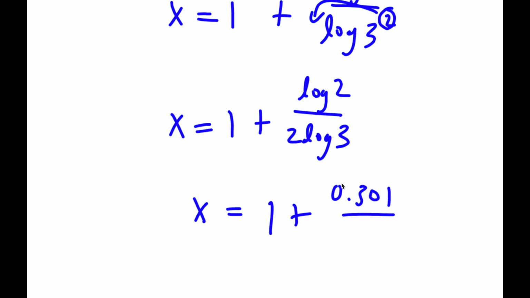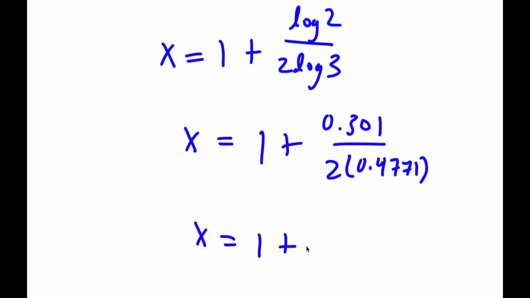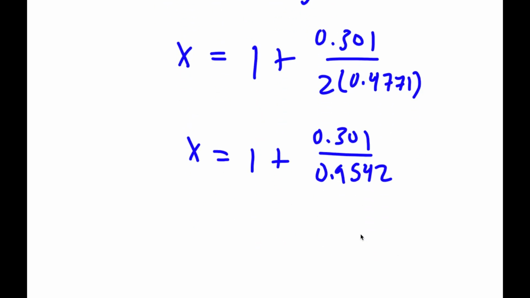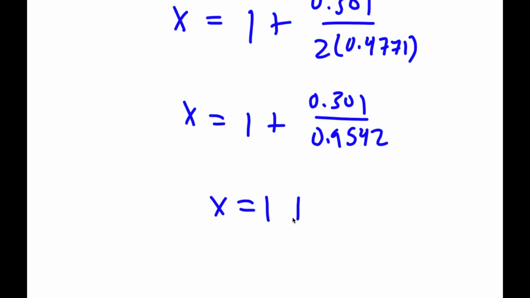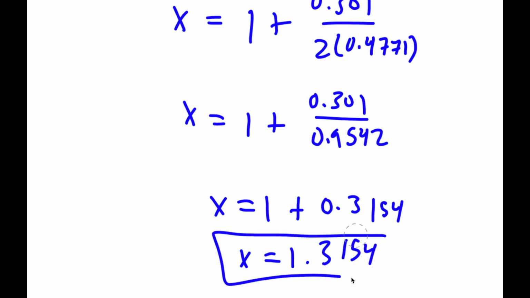And 2 times log 3 is 2 times 0.4771, which is equal to 0.9542. And 0.301 divided by 0.9542 is 0.3154. So if I add these two, I get x equals 1.3154. So this is my answer.